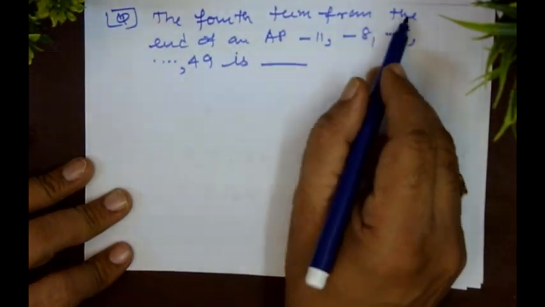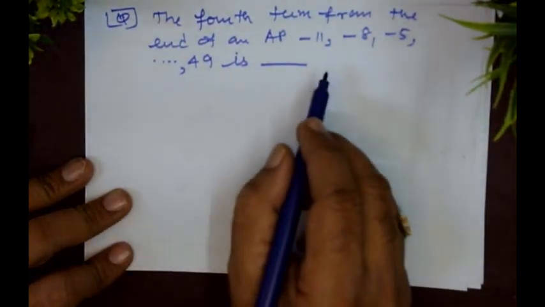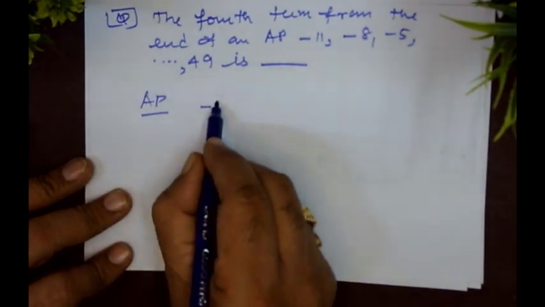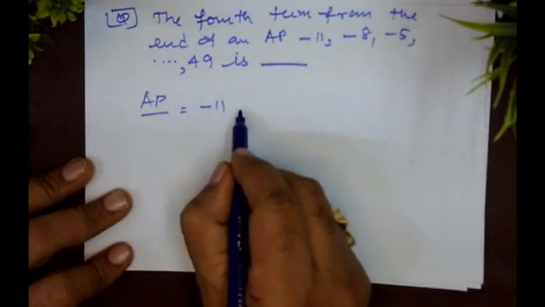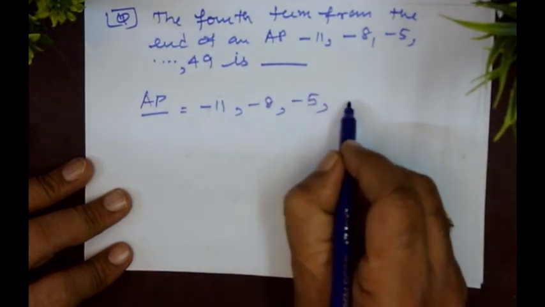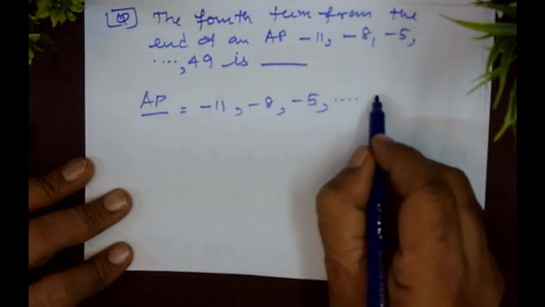So the fourth term from the end, let us arrive at it. The AP is minus 11, minus 8, minus 5, etc., and then plus 49.